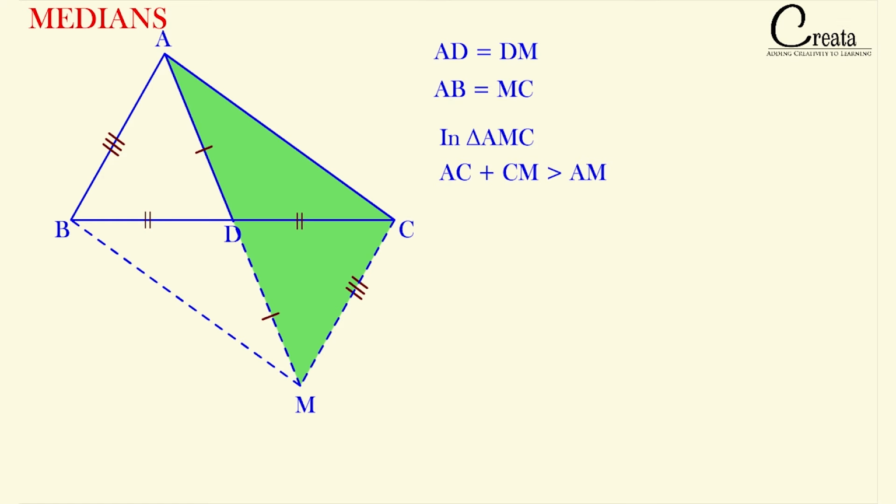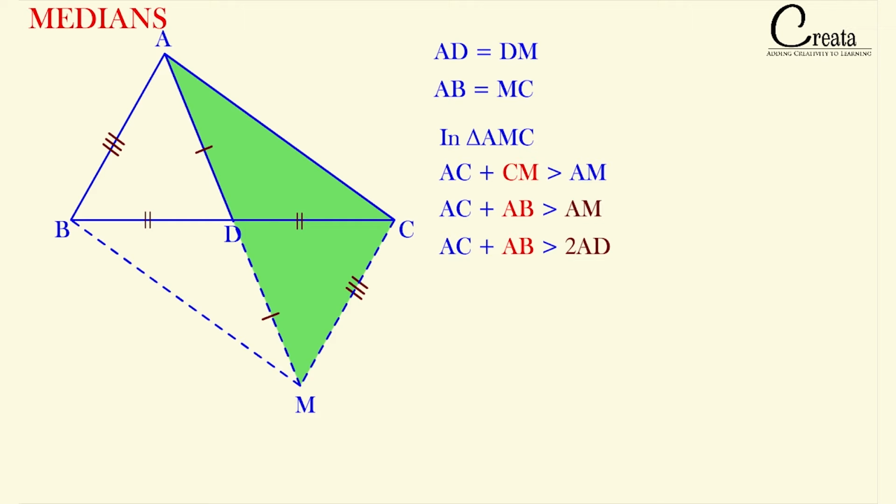So the sum of these two sides, AC plus CM, is greater than the third side, AM. And just now we have proved these two sides are equal, that is CM is equal to AB. So we can say AC plus AB is greater than AM. And we know AD is equal to DM, so can we say AM is equal to twice of AD? So we got AC plus AB is greater than twice of AD.